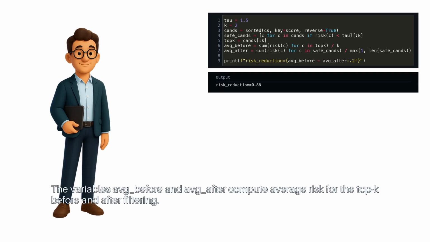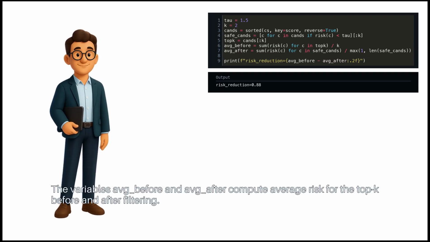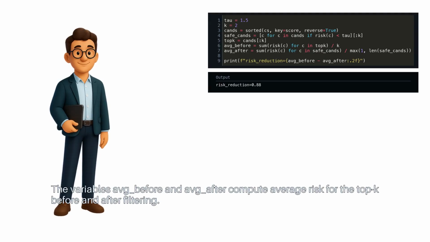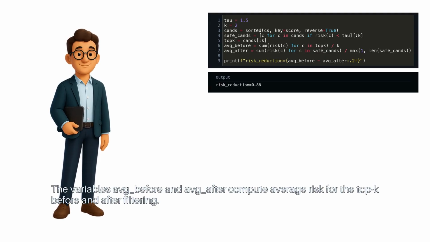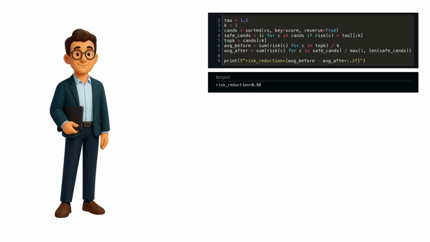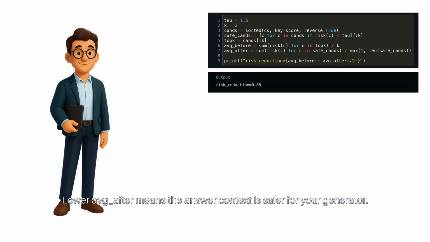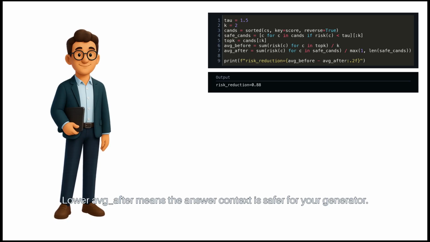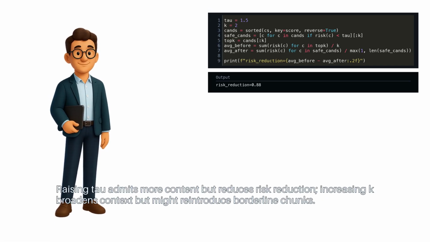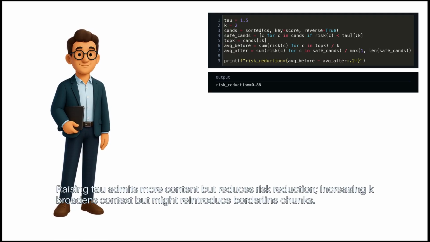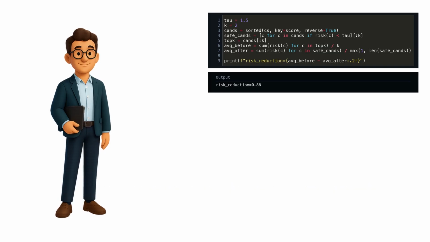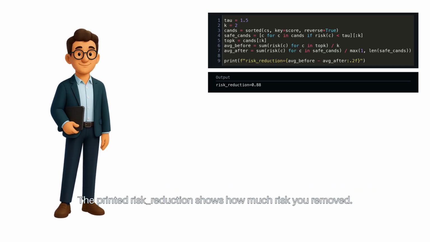The variables AVG before and AVG after compute average risk for the top K before and after filtering. Lower AVG after means the answer context is safer for your generator. Raising tau admits more content but reduces risk reduction. Increasing K broadens context but might reintroduce borderline chunks. The printed risk reduction shows how much risk you removed.